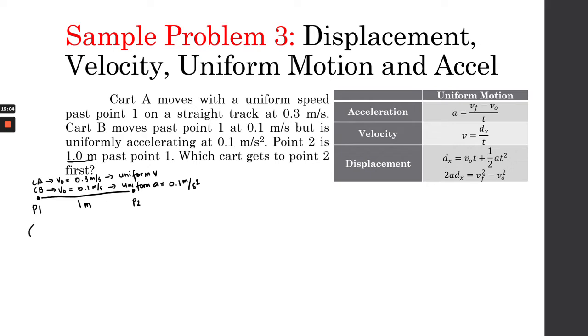So let's write our givens. The initial velocity of cart A at point 1 is equal to 0.3 meters per second, while the initial velocity for cart B is equal to 0.1 meters per second, and the acceleration of cart B is equal to 0.1 meters per second squared.